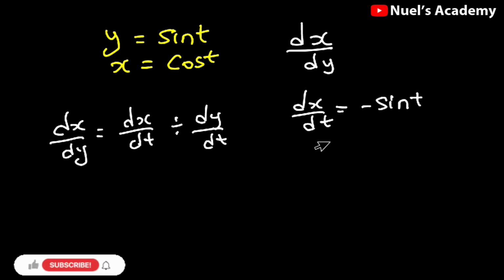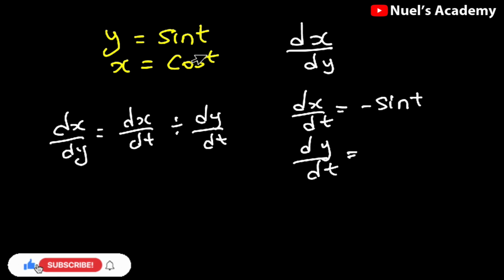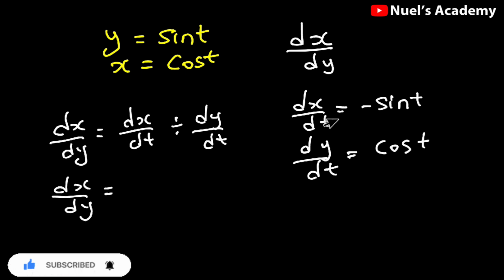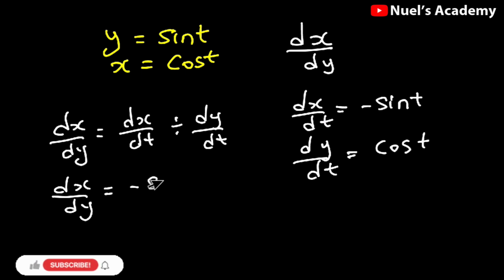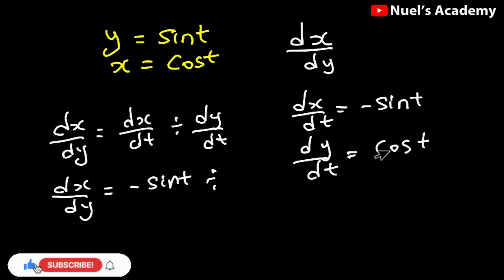Then next is to find dy/dt, and if we differentiate sine t, you are going to get cosine t. So dx/dy is equals to dx/dt, which is negative sine t, divided by dy/dt, which is cosine t.